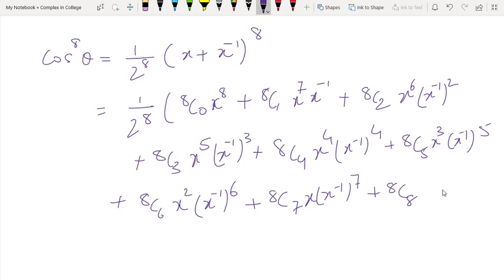The first term will vanish because the power will be 0, and the other would lead with the 8. So this is the expansion of x plus x raised to minus 1 raised to 8 with a binomial expansion.